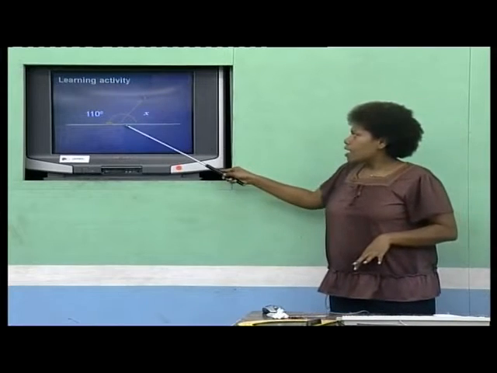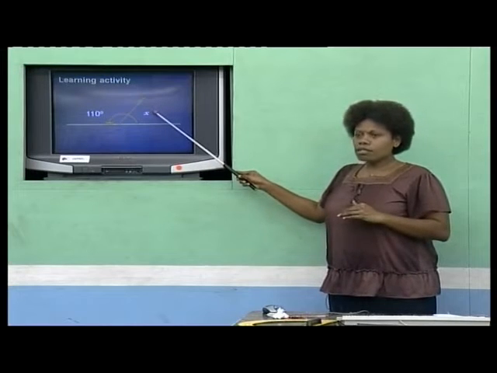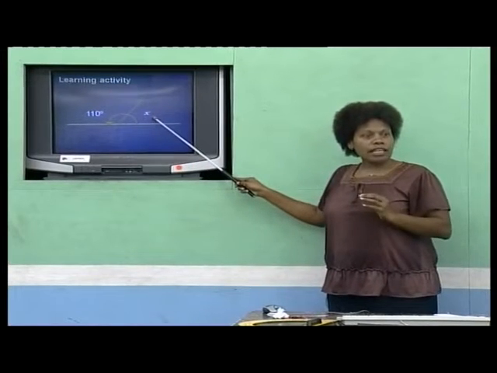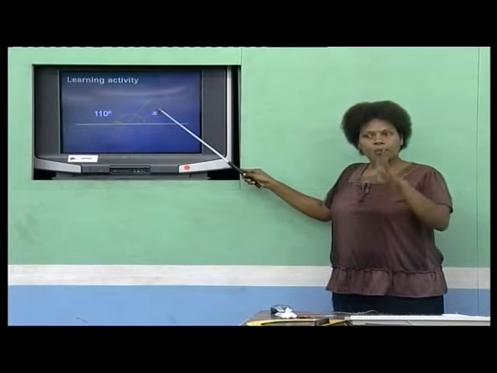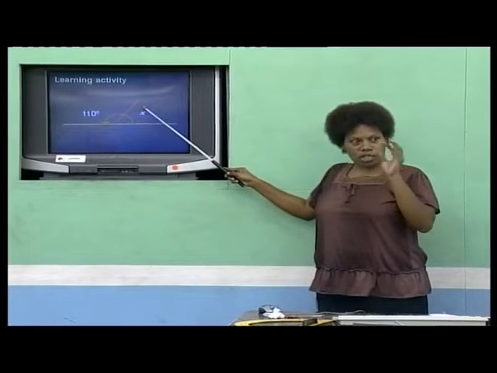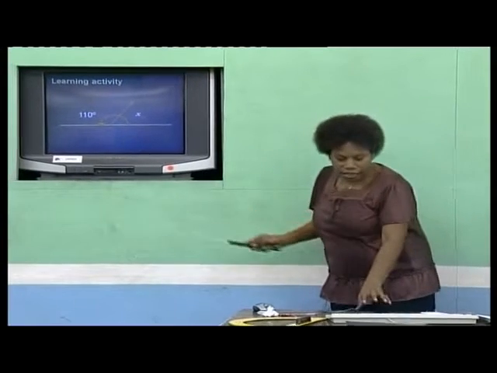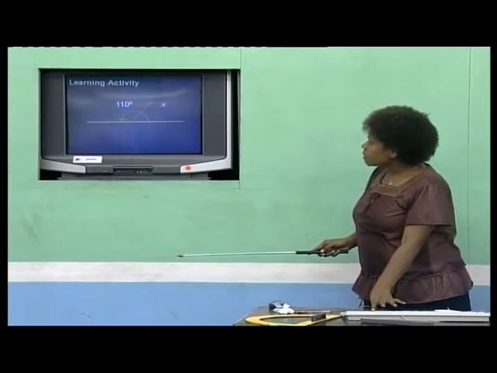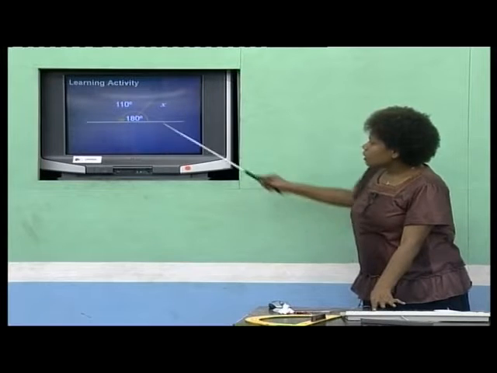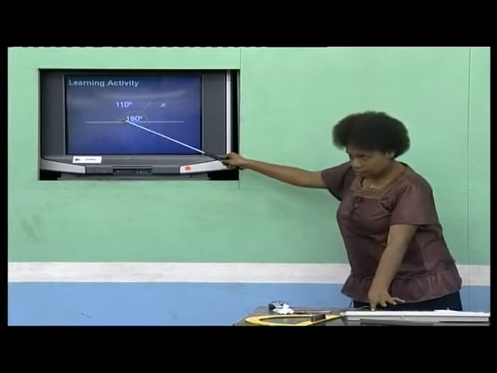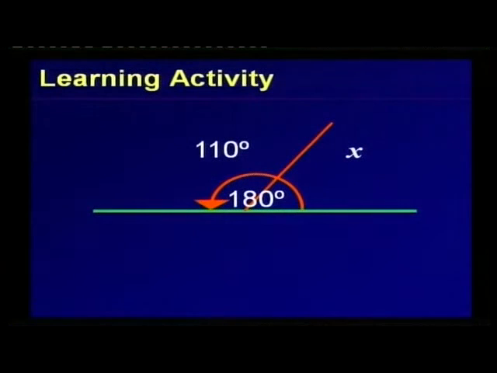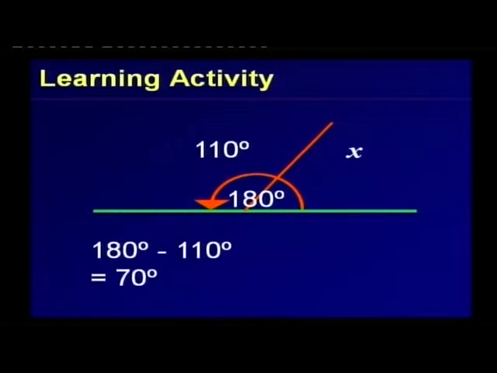So since these two angles, obtuse and acute, make up one straight angle, which is 180 degrees, he's correct by saying 180 minus 110 is equal to 70 degrees. So this angle is 70 degrees.